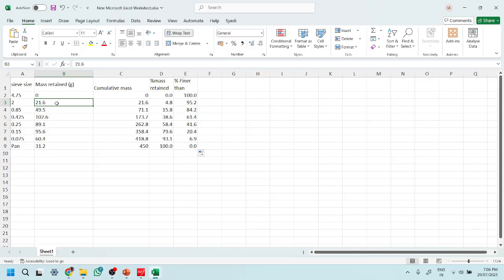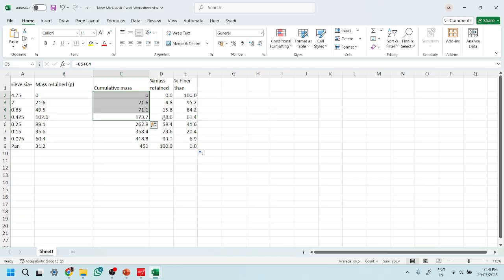It just means that, for the cumulative, let us say at 425 micron, 173.7 grams of the total soil we have taken has a higher diameter than 425 micron.